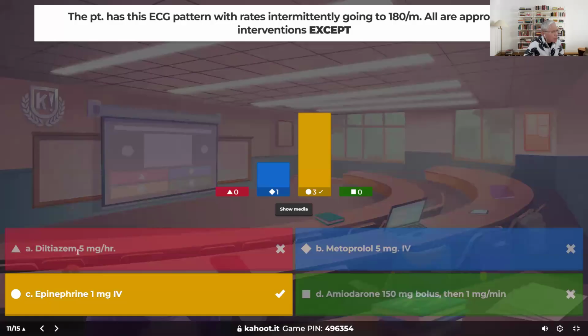Well, the thiazide could slow down the heart rate. Metoprolol or a beta blocker could also slow down the heart rate. And amiodarone, which is an antiarrhythmic agent, could also slow down the heart rate. So epinephrine will be contraindicated because the patient's rate sometimes goes to 180. Epinephrine will make it worse.